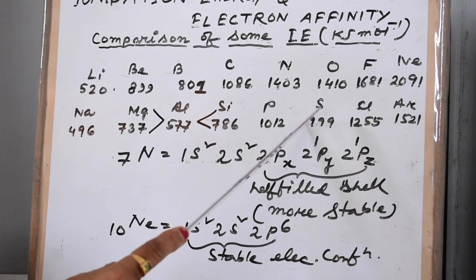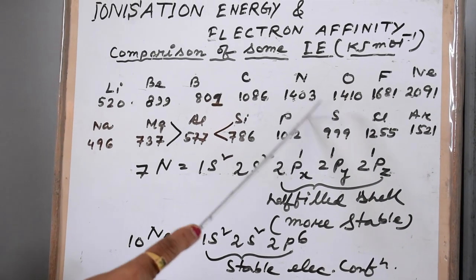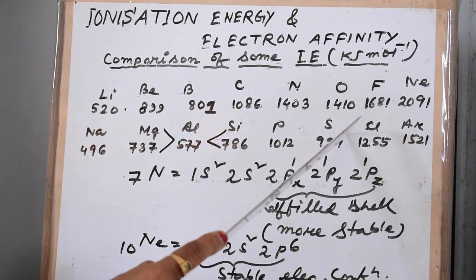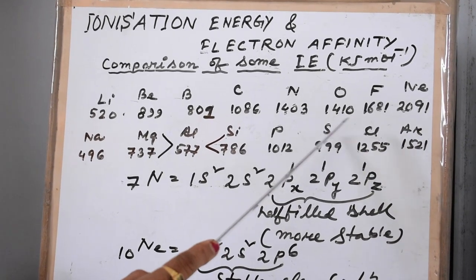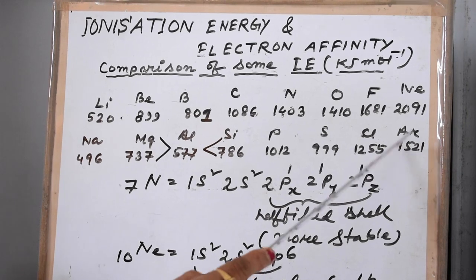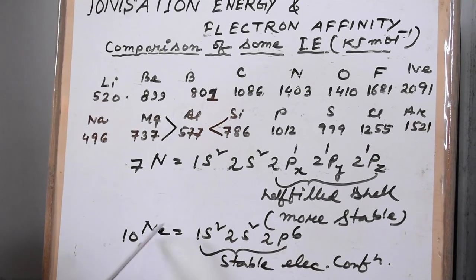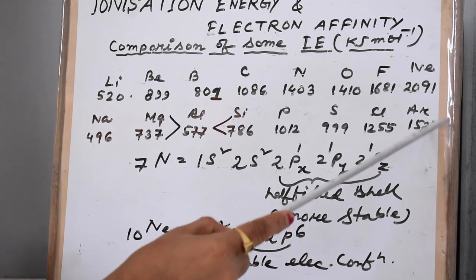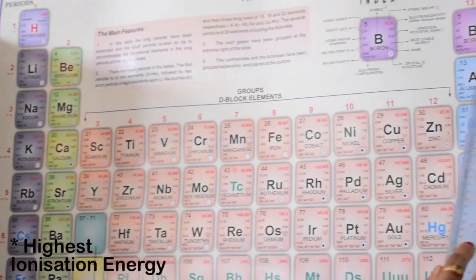Again, sulfur has a lower value than phosphorus, because phosphorus has a more stable electronic configuration than sulfur. Again, chlorine has a higher value than sulfur due to its more electronegative nature. Again, argon is the noble gas which has a stable electronic configuration like neon, 8 electrons in its valence shell, so it has the highest ionization energy in this period.